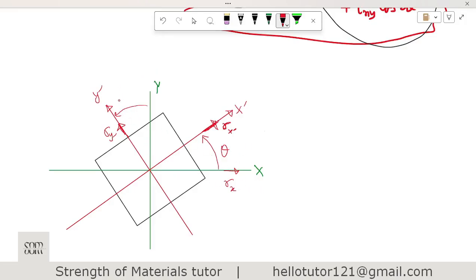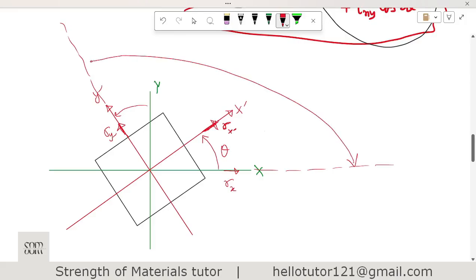Now if we know the angle between this y prime and the old axis, we will be able to find sigma y prime, because here we have sigma y prime, and here what is it?